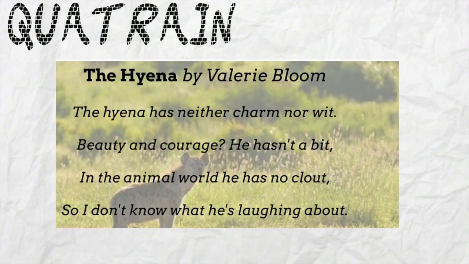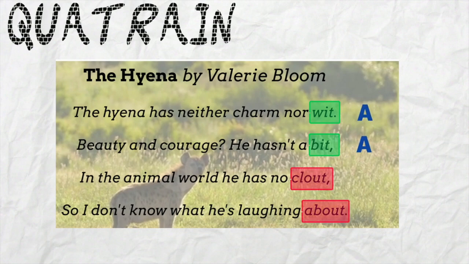You might have noticed that each example of a quatrain that I've shared with you has a slightly different rhyming pattern. In Valerie Bloom's poem, the final words of the first 2 lines rhyme, as do the final words of the last 2 lines. This is called an AABB rhyming pattern.